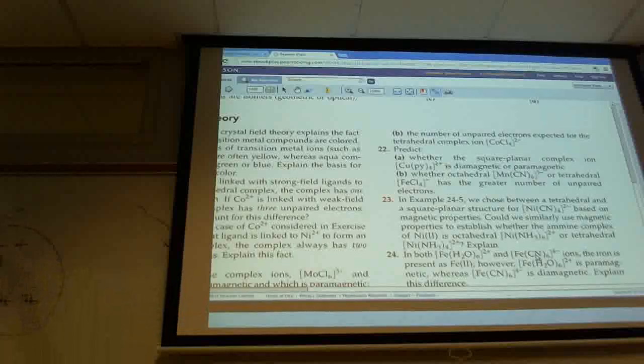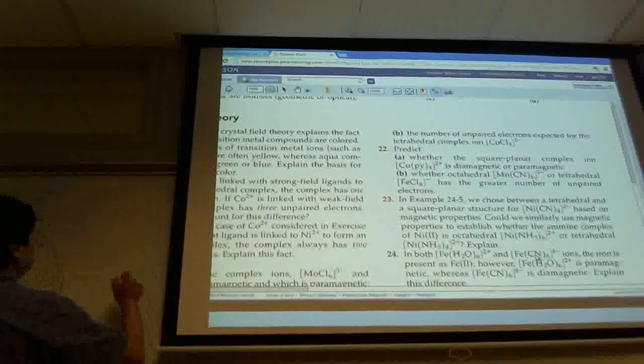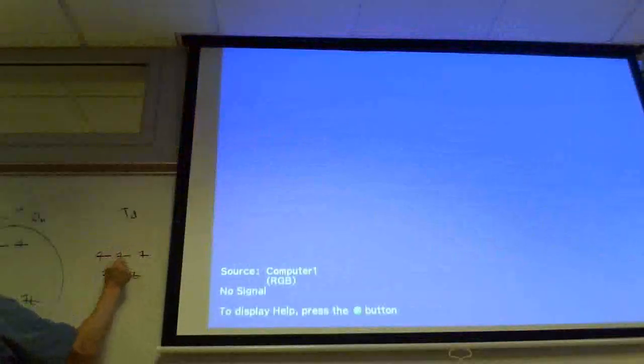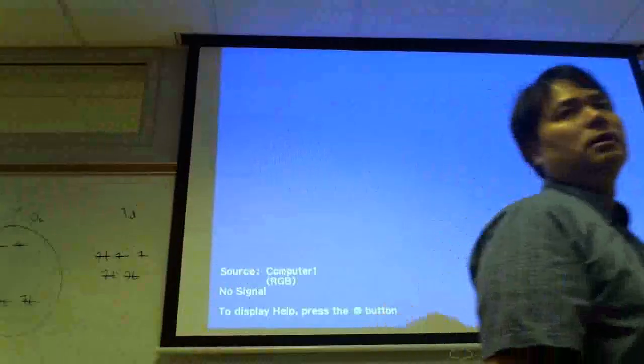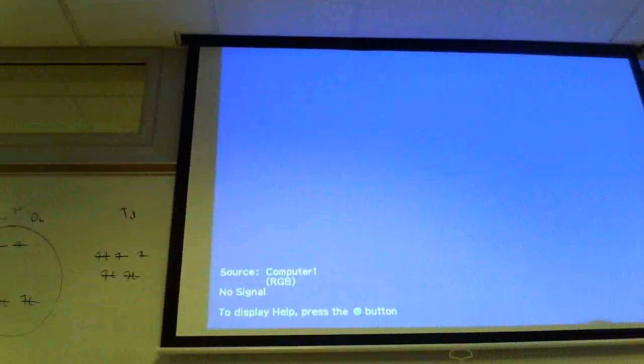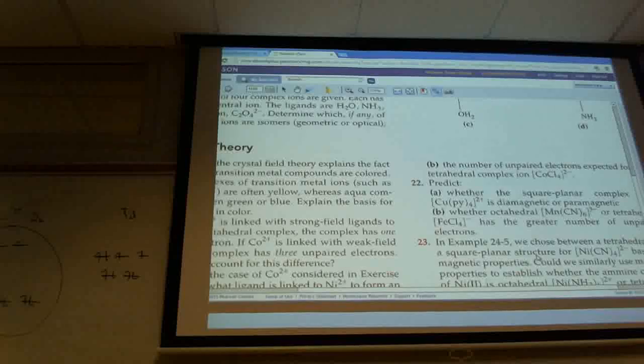This is the octahedral versus the tetrahedral: 1, 2, high spin, 3, 4, 5, 6, 7, 8. Could you use magnetic properties to tell the difference? No, you can't. They both give the same number of unpaired spins, so it's not possible.